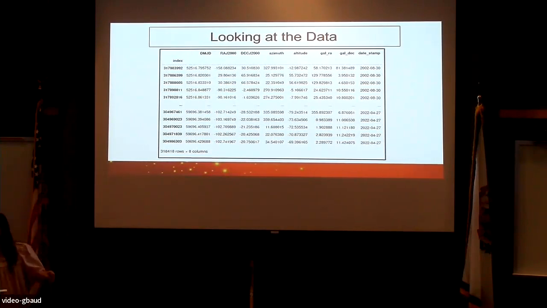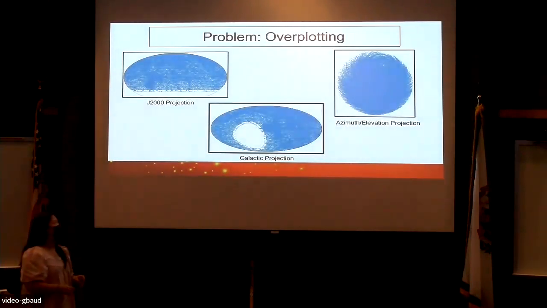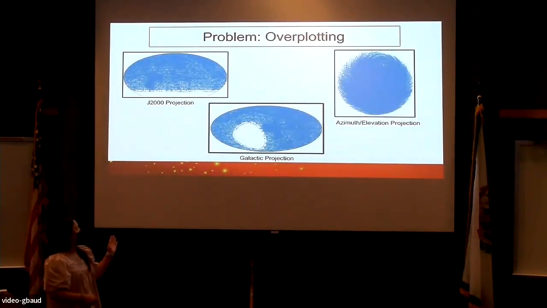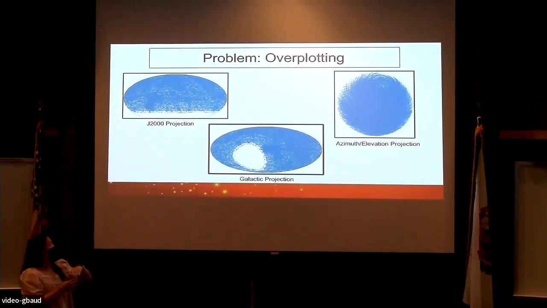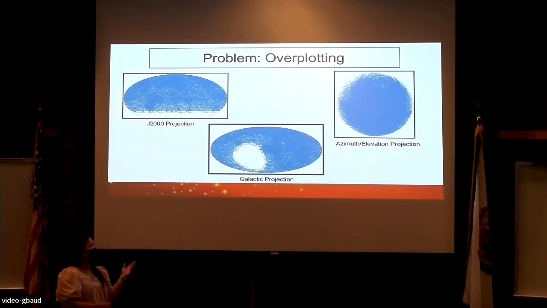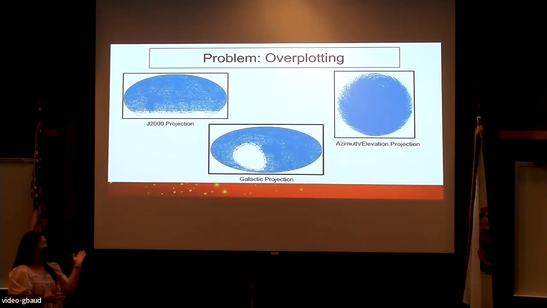With all that data, we started to plot it. As you can see, we were plotting around 300,000 points, and you can't really see each individual point because there are so many in one area that they blur into each other. So you can't derive any information from the projection because there are too many data points.